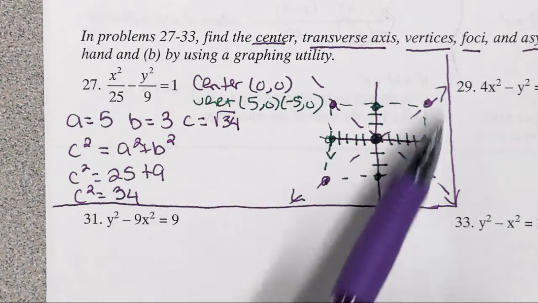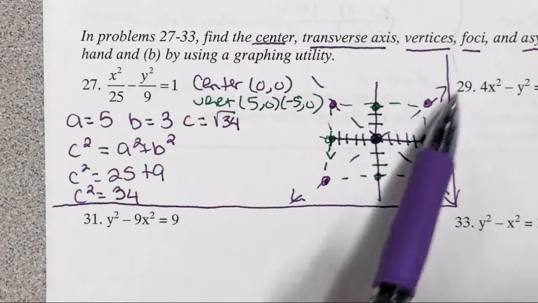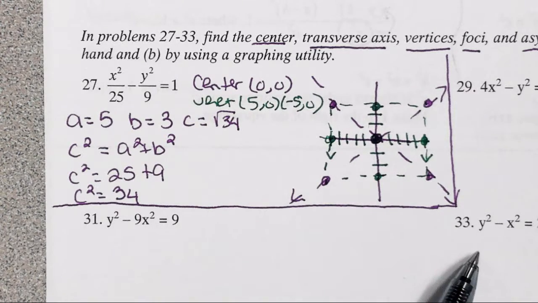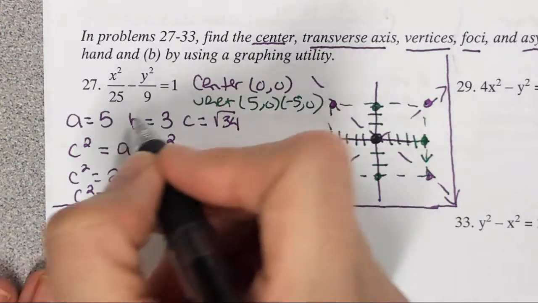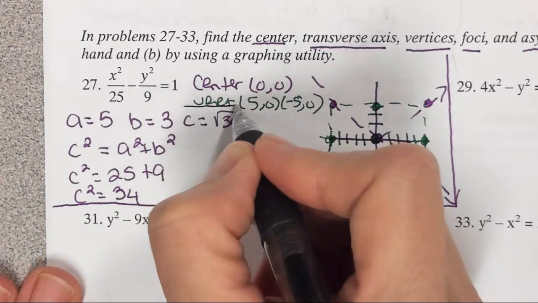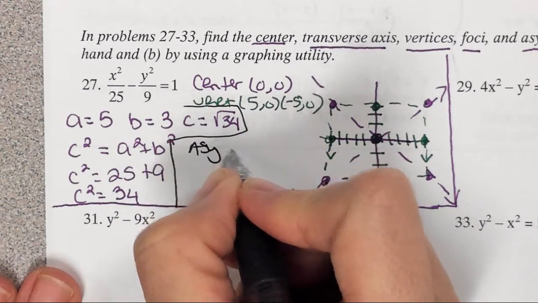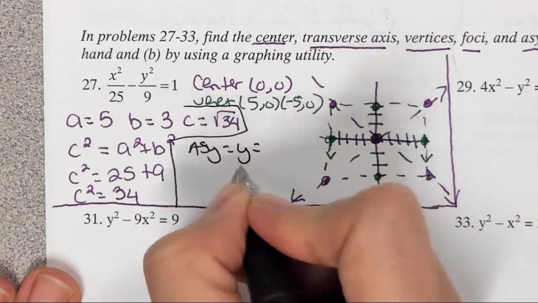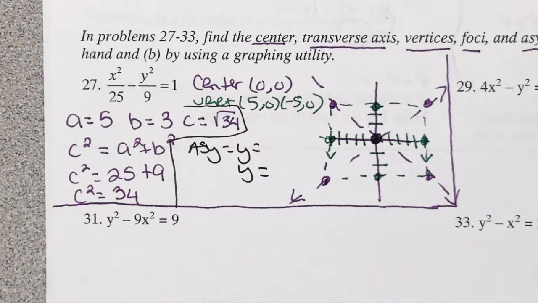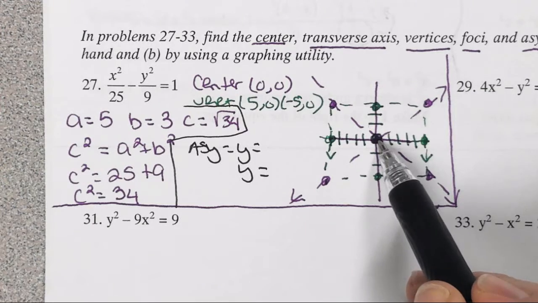One of the things they want me to do in this problem is write the equations of these asymptotes. Well, we all passed Algebra 1, so everybody in here should be able to do this. Make a little space here. So when you're writing the equation for the asymptotes, it's the equation of a line. So I need y equals, because I have how many lines there? Okay, now it's going through 0, 0.